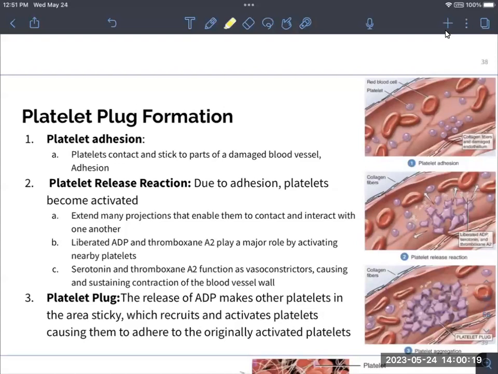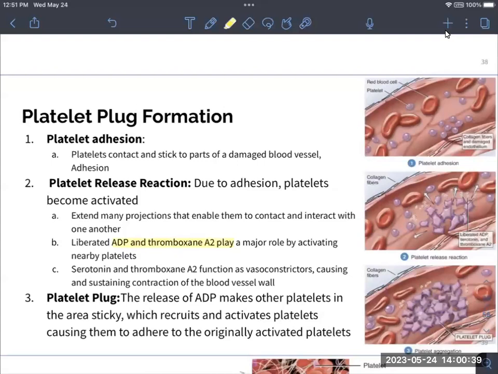Once these platelets get stuck to this area, it causes more platelets to get released. Why? Because these platelets are going to start releasing chemicals.